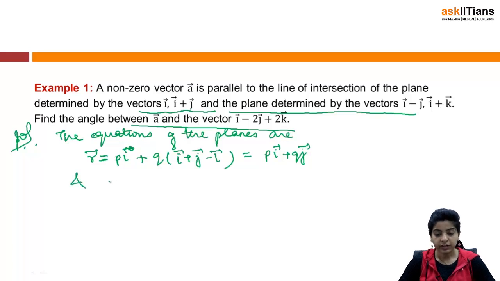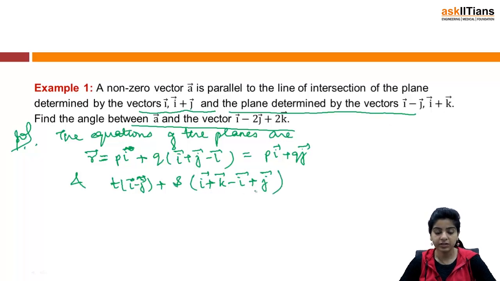And then we have T times, the second vector is i minus j, so (i minus j) plus suppose S times (i plus k minus i plus j), again second minus first. So we have T times (i minus j) plus S times (i plus k minus i plus j), which is equal to Ti plus (S minus T)j plus Sk.